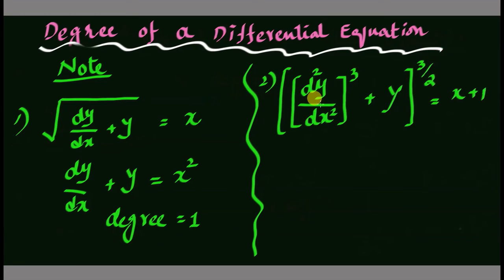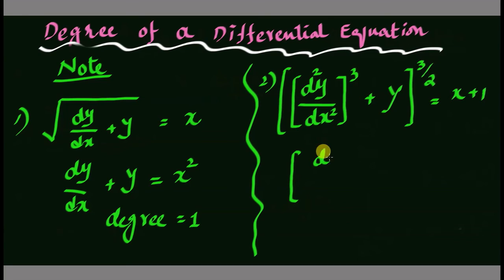In the second example, similarly, you can see the overall power is 3 by 2. This is a rational power. First of all, we should remove this rational power. How can we remove this rational power?